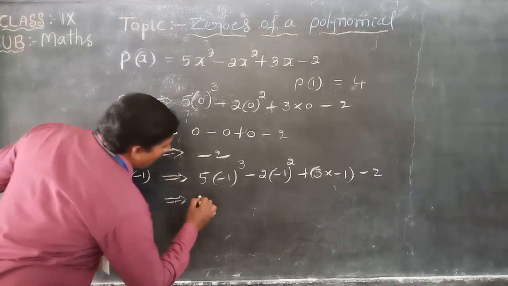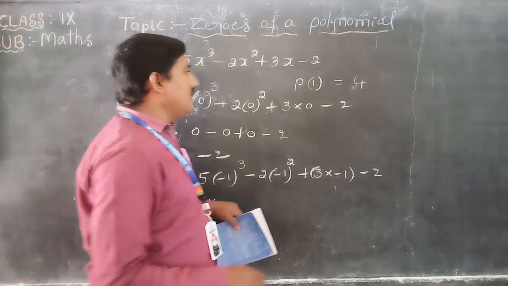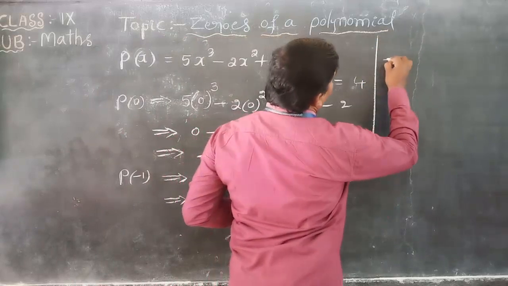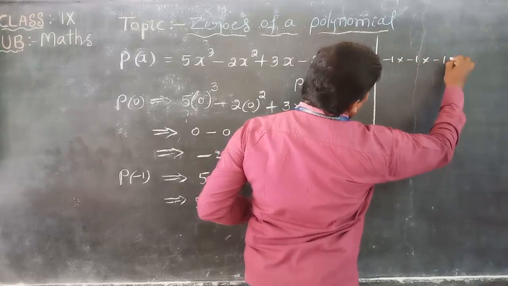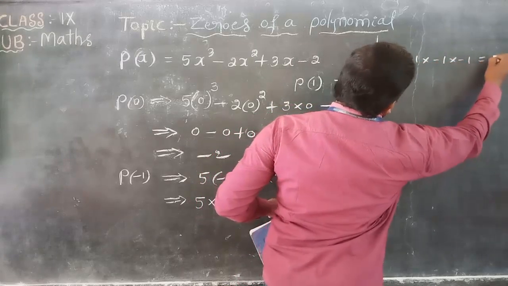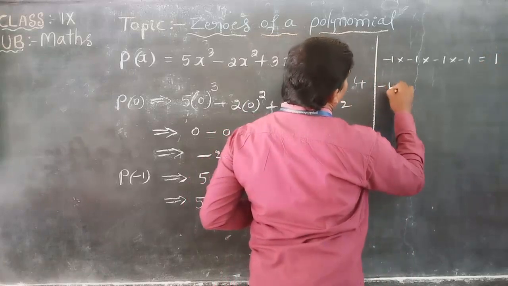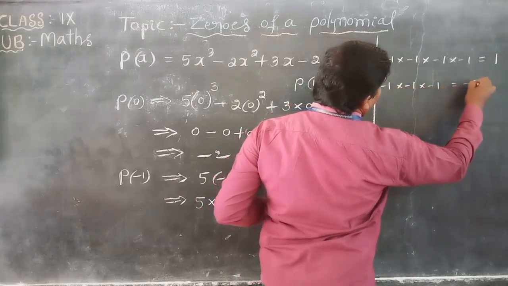Before going to this, we already discussed in previous classes: minus 1 into minus 1 is equal to plus 1. Minus 1 into minus 1 into minus 1 is equal to minus 1.